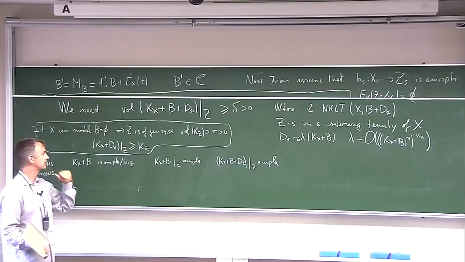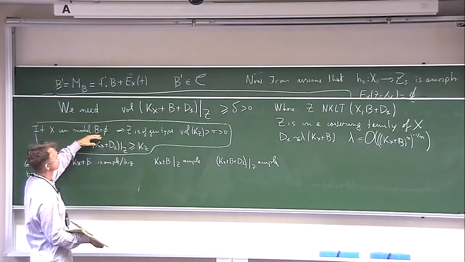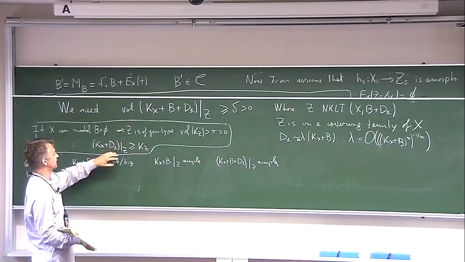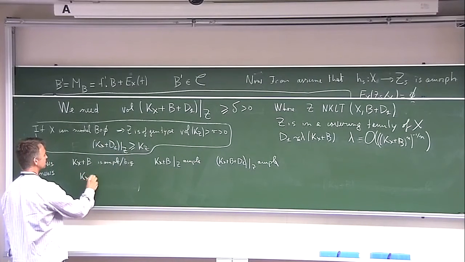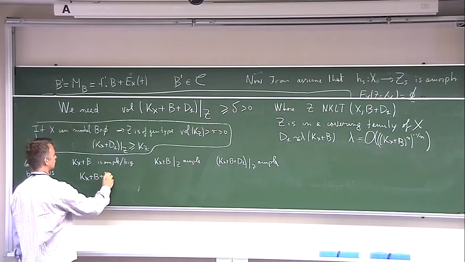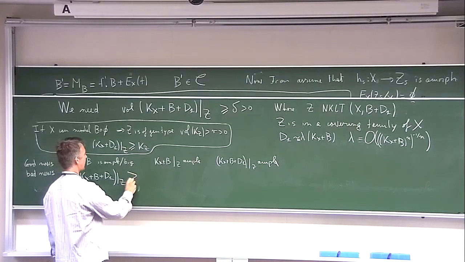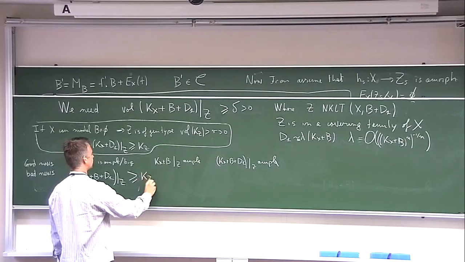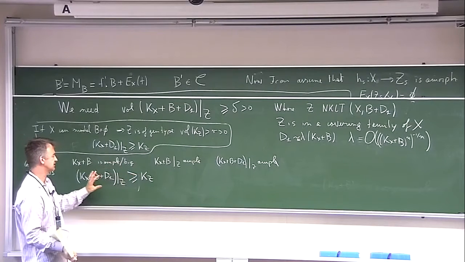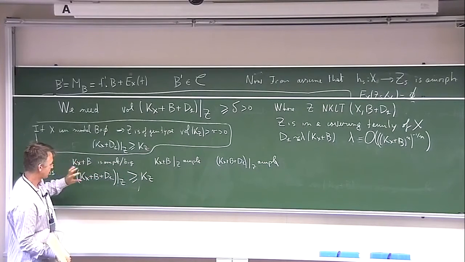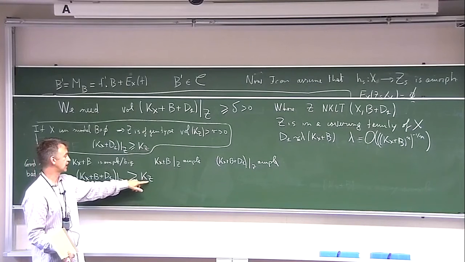Now, that would seem to take care of the first part. How about this part? Well, this is sort of still in the good news, if you're not too careful. Kawamata subadjunction still tells you, there are a few technical details, but at least in terms of volumes, that when I restrict this divisor to Z, it's greater or equal to Kz.